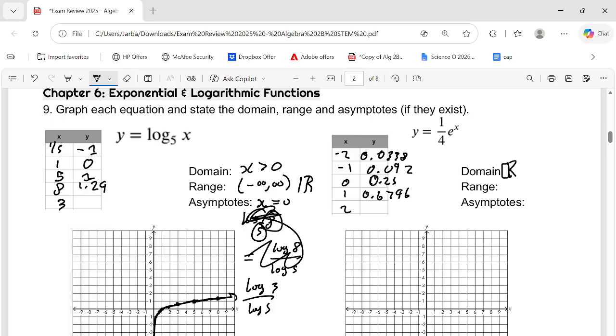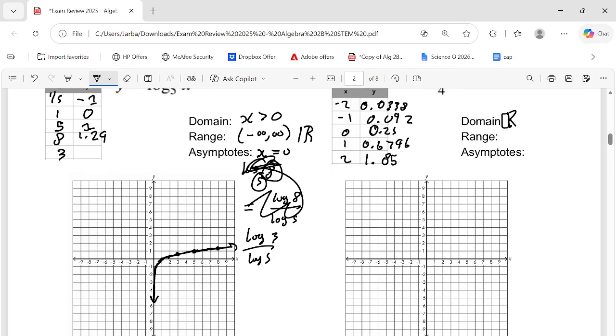And then for 2, that's 1/4 times e squared, and that is about 1.85. Alright, now we have some points.